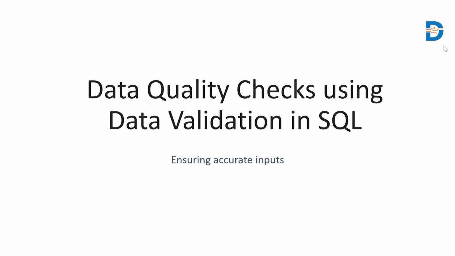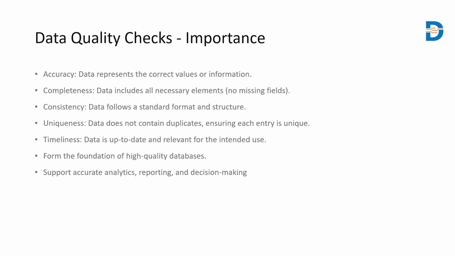Hi everyone. Let us today talk about data quality checks using data validation in SQL. The purpose of this is to ensure accurate inputs. Data quality checks using data validation are essential for ensuring that the data within a database is accurate, consistent, and reliable.